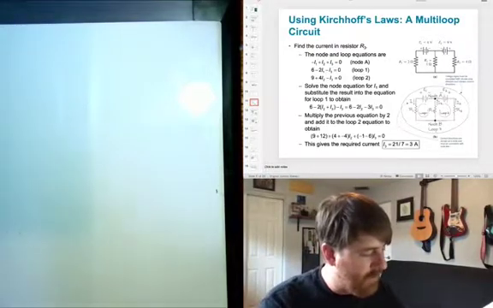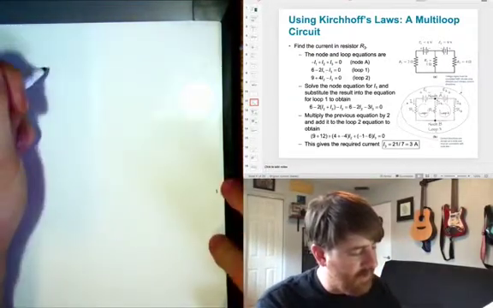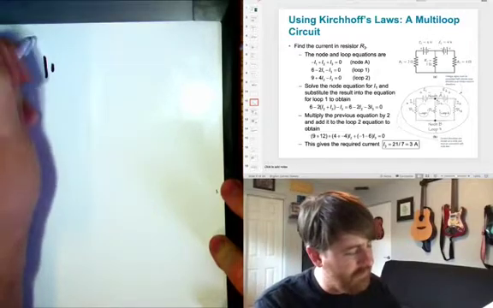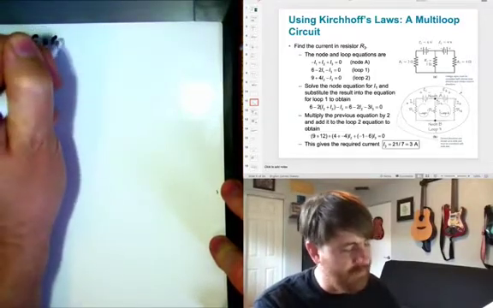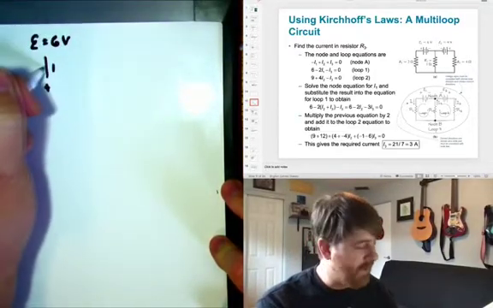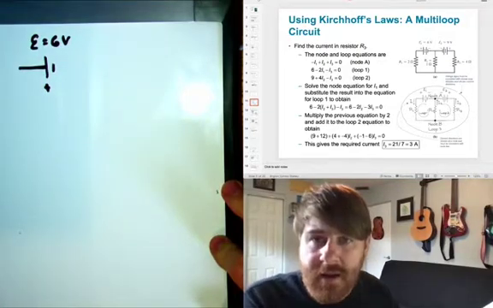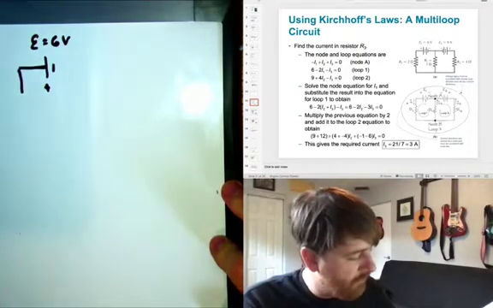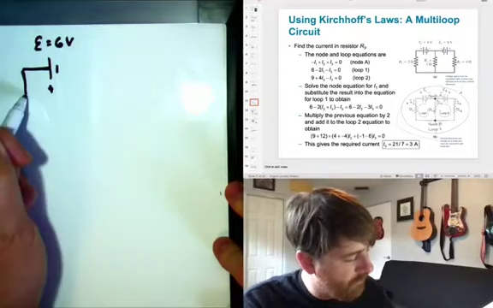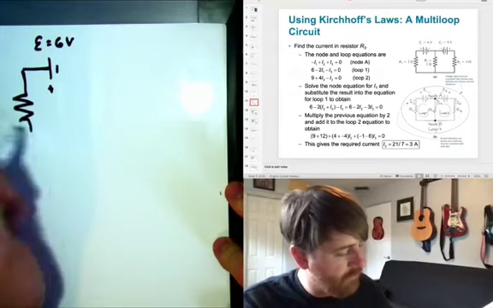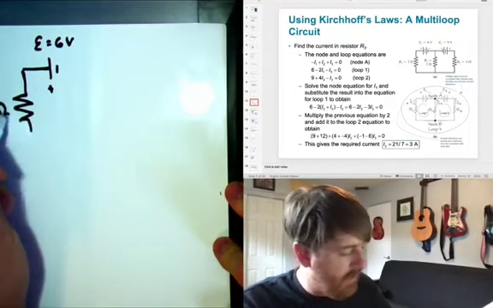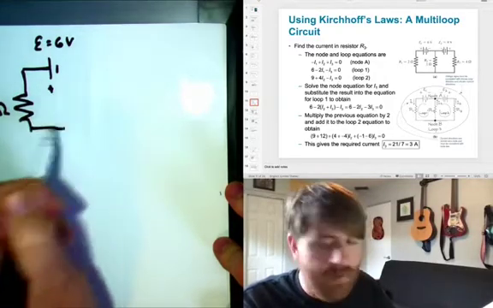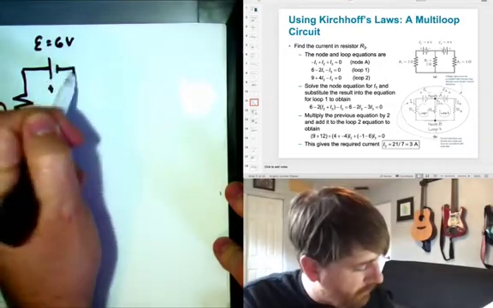I've got a battery which has an EMF of 6 volts, and it's this way. And then I've got a resistor of 2 ohms. And then I have a resistor here, which is 1 ohm.